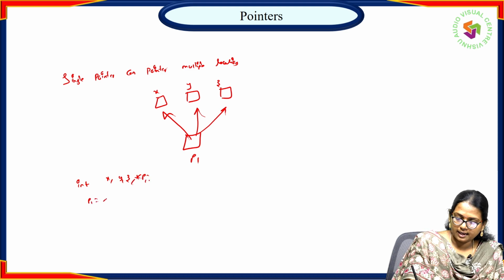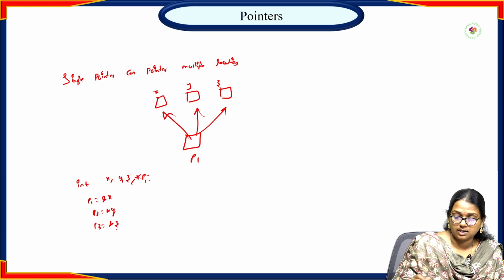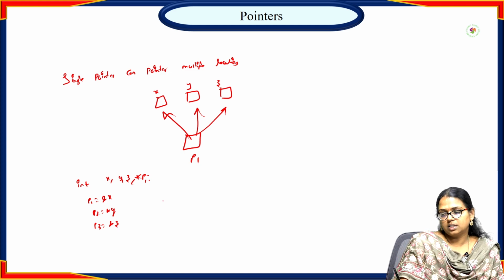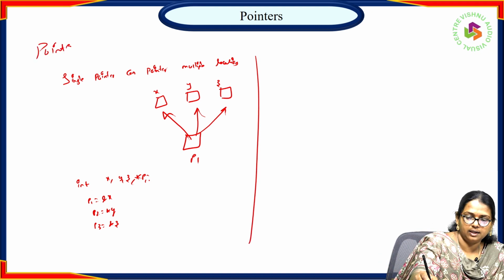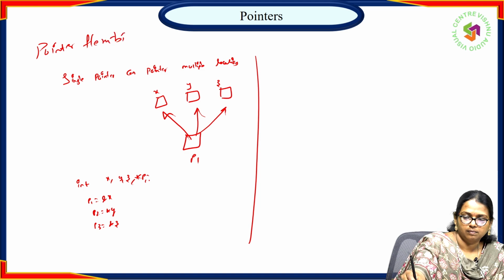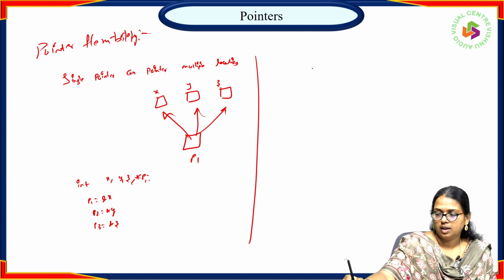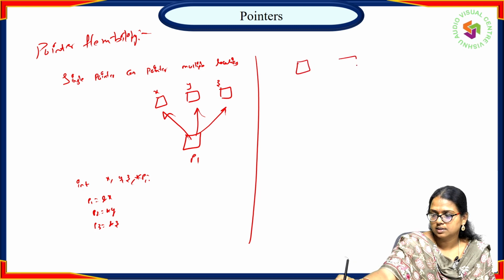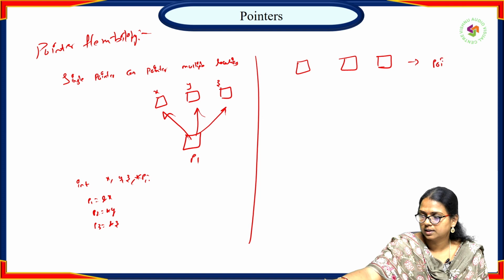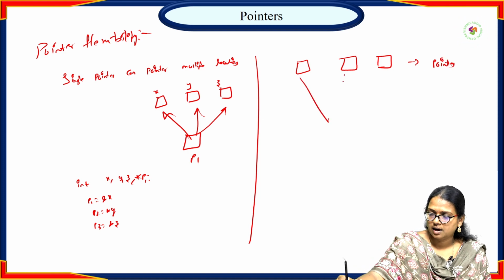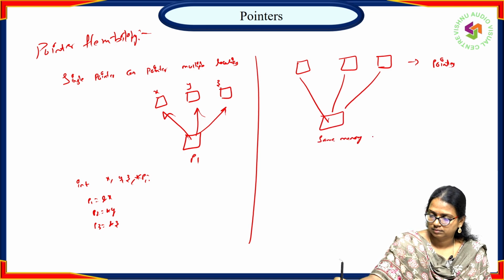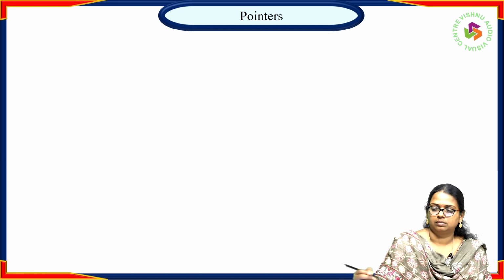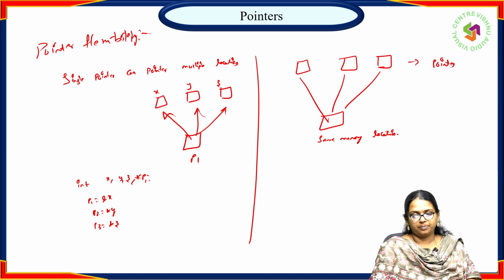Now for P1, I can assign X. For P2, I can assign Y. For P3, I can assign Z. This is one flexibility. One more is pointer flexibility: multiple pointers can refer to the same memory location.